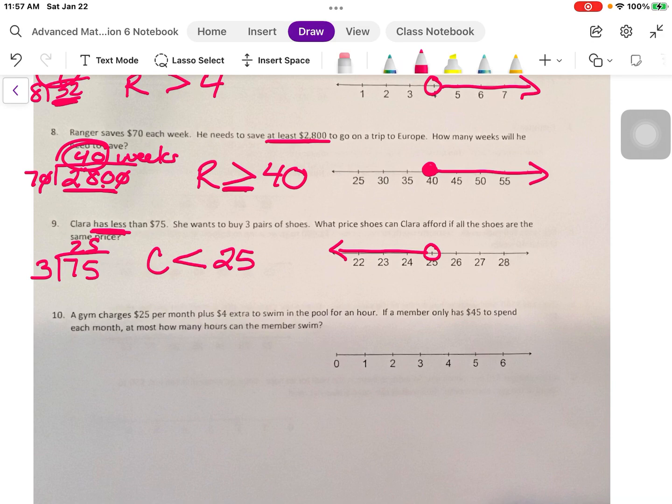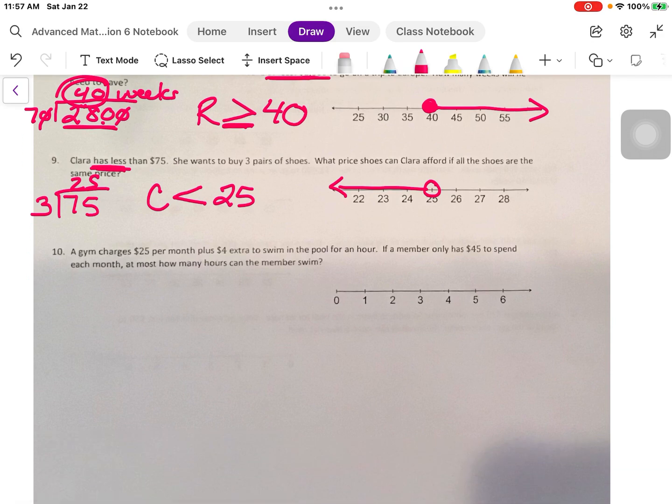And number 10, a gym charges 25 bucks a month plus $4 extra to swim in the pool for an hour. If a member only has $45 to spend each month, at most, how many hours can they swim? Well, if the member has 45 bucks and it costs $25 just to be there, that leaves an extra 20 bucks.